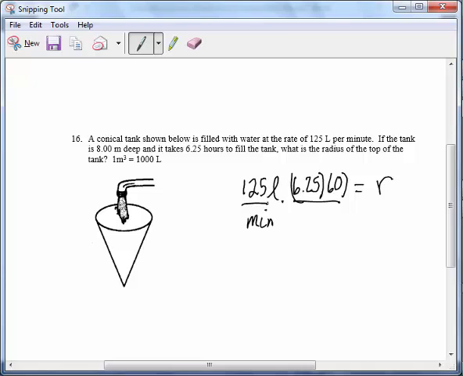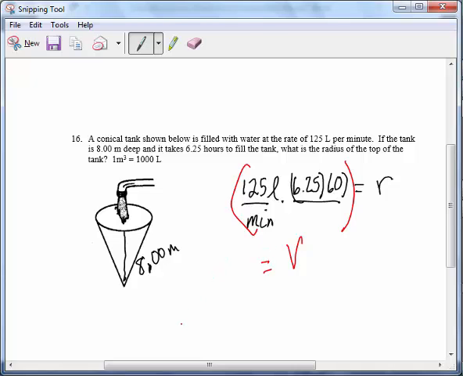So this is liters. And the tank is 8 meters deep. We just need to figure out how many liters that is. So this will give us the volume.